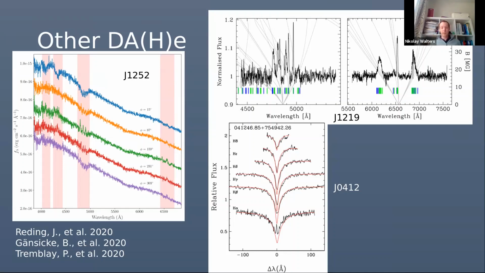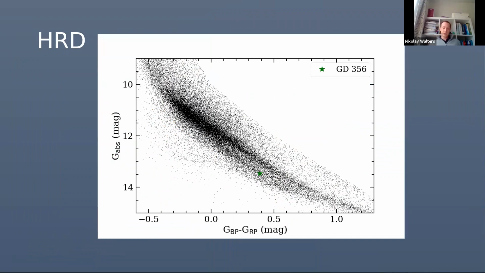J1252 and J1219 are known to be magnetic, while J0412 magnetic properties are unknown. There are currently no time series spectroscopy of J0412, but so far it appears to belong to the same DA emitting class. The position on the HR diagram is also of interest.